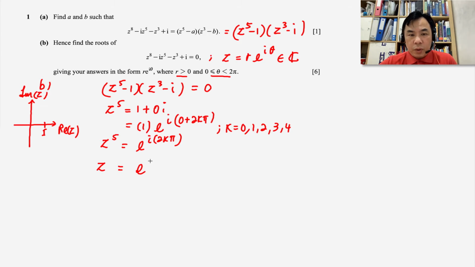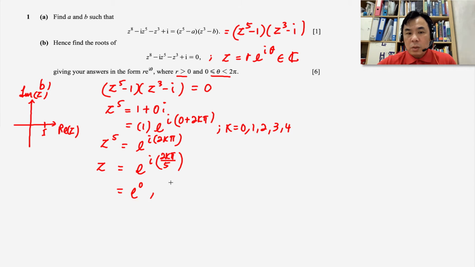Root 5 basically means 2kπ over 5 here. Now that would complete our complex number. If you wish to list it out, it will be starting from k = 0, which you know very well. One of the roots is 1.